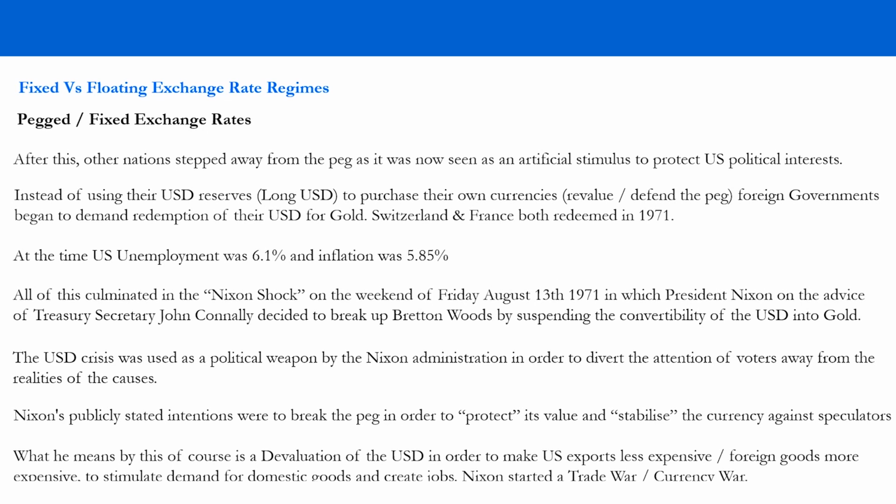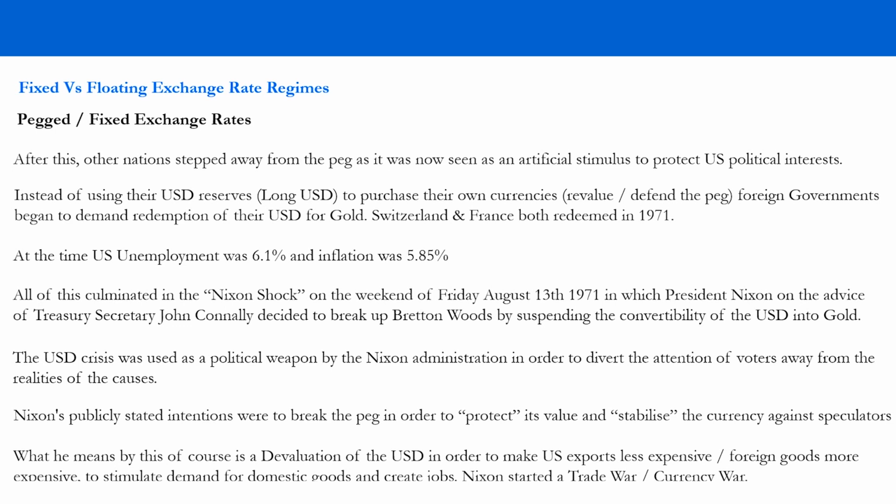So instead of using their US dollar reserves to purchase their own currencies, i.e. to revalue their currencies to defend the peg, foreign governments began to demand redemption of their US dollars for gold. Switzerland and France both redeemed in 1971. At the time, US unemployment was about 6% and inflation was 6%.